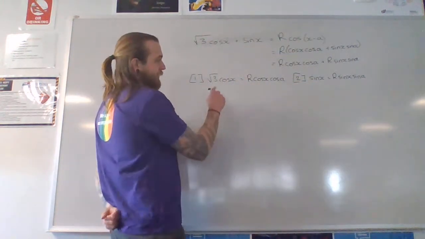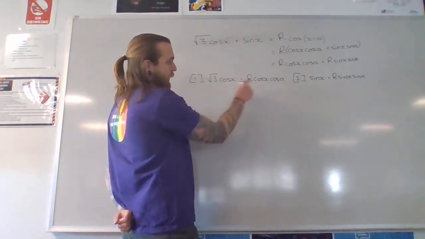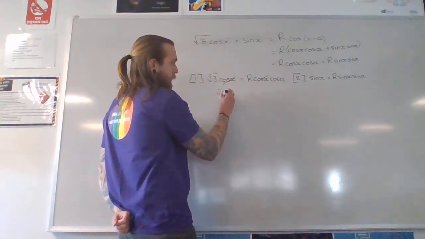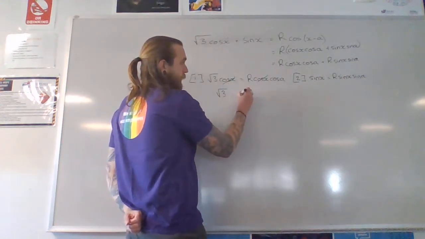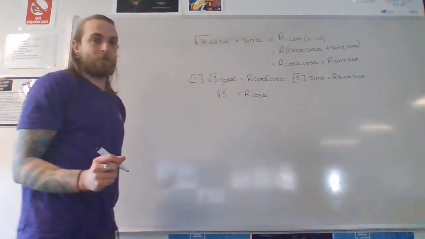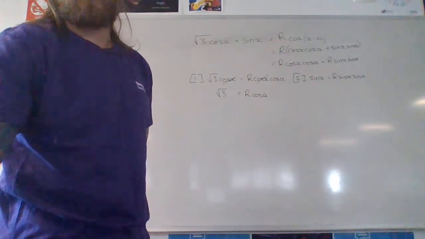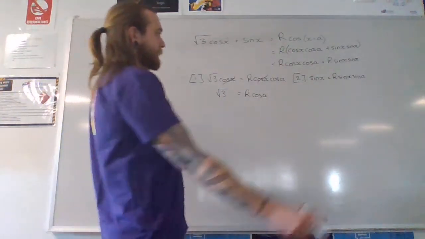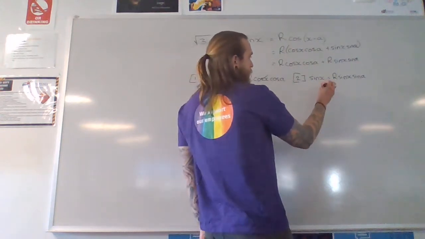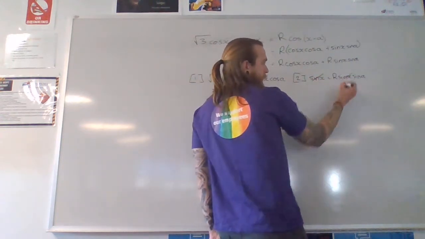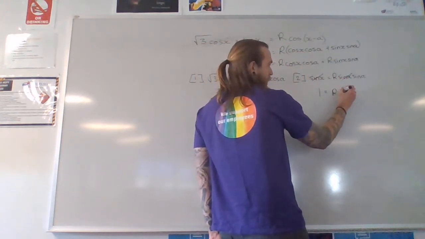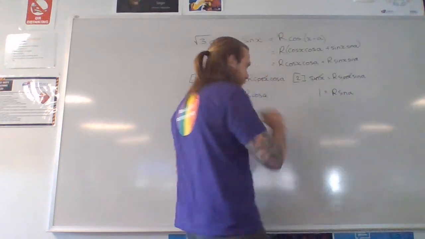And so what we can do is divide both sides by cos x, they're going to disappear from each, and what we're left with is root 3 equals R cos alpha. And similarly on our second part of the equation here, the sine x's cancel each other out. If we divide both sides by sine x, we are left with 1 equals R sine alpha.